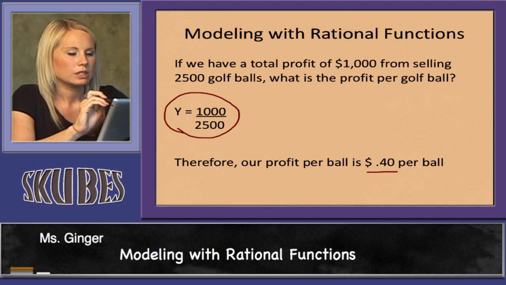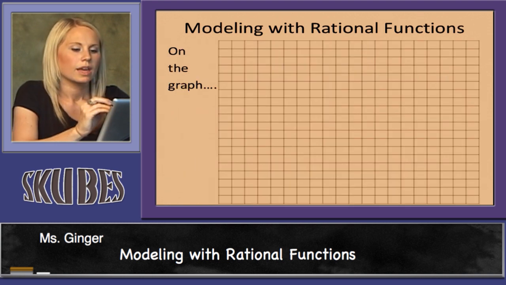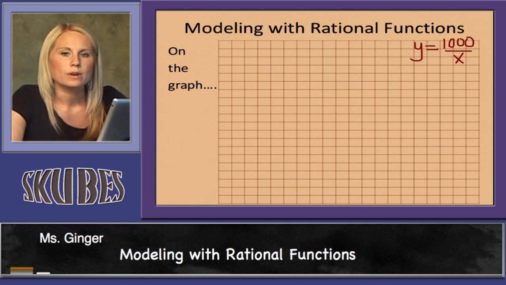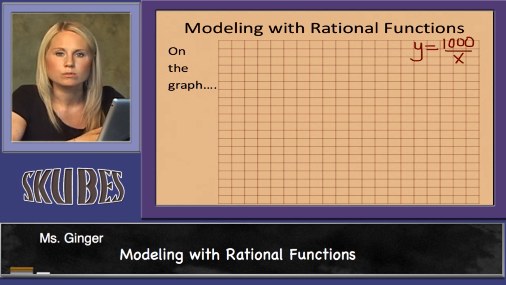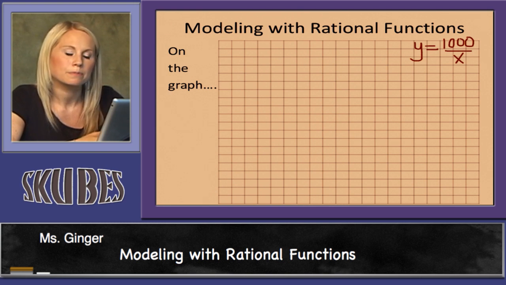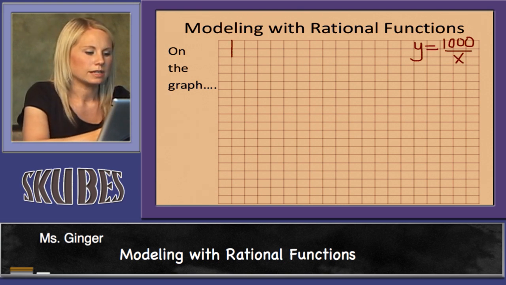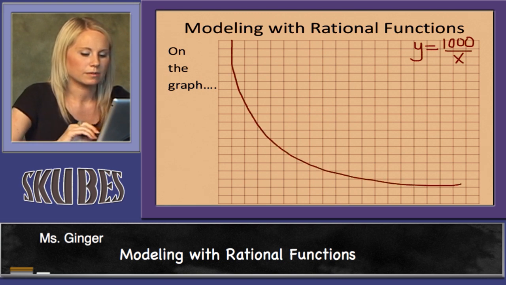Now, we're going to take a look at the graph of this rational equation. And let's take a look at the function 1,000 over x. Remember, 1,000 was our total profit, and let's keep the variable x in to assume we don't know how many we're going to produce or sell in a certain month. If we graph this picture, we would see a curved shape, something like this.